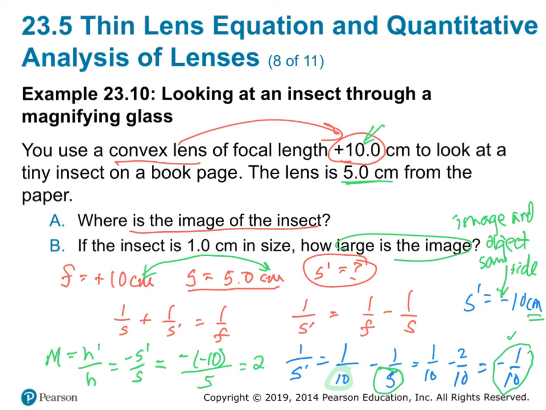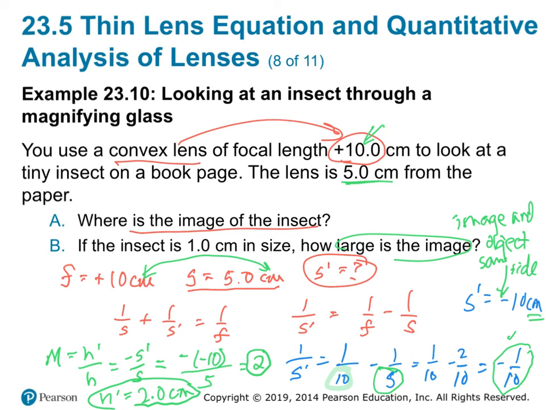So the factor is a positive 2. If the insect is 1 centimeter tall, the image is going to be 2 centimeters tall. And it's positive, which means it's upright. It's a virtual image because it's on the same side as the object, and it's upright, and magnified 2 times. Hopefully that makes sense to you.